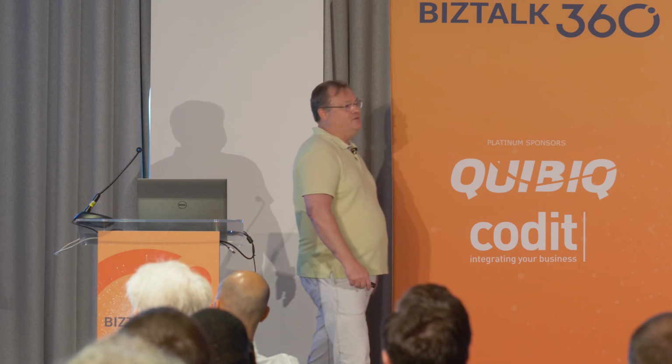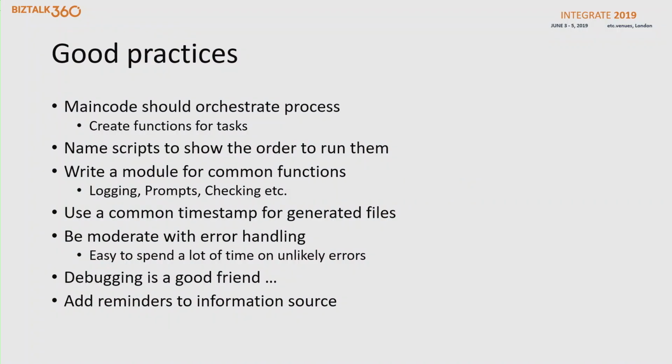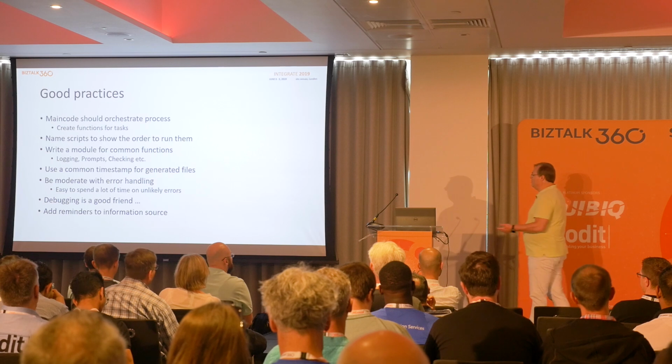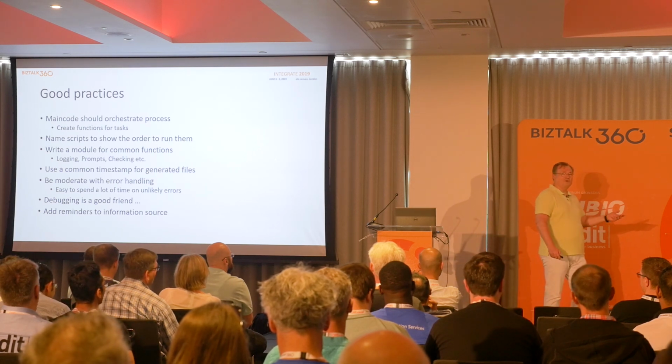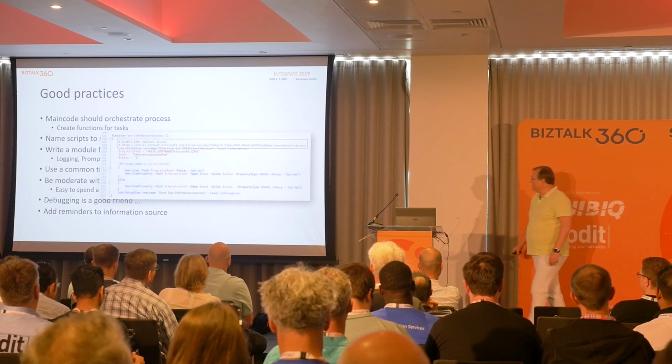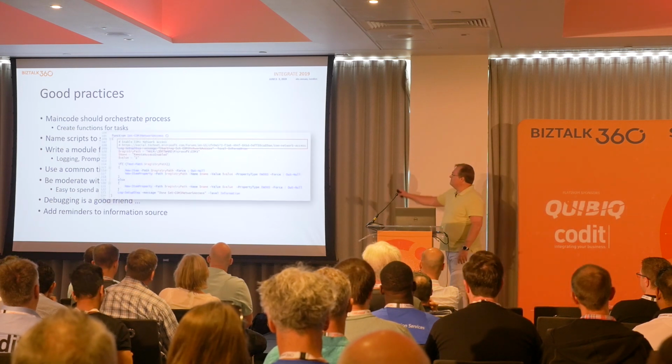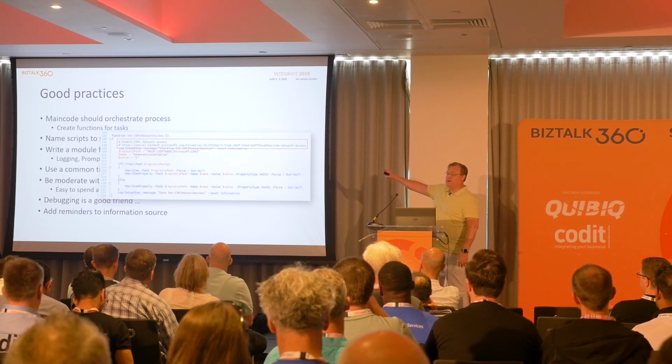Add reminders in your code. Remember, this is not code you will be in all the time. It's code that you eventually will go to within 6 months or a year, or eventually never. Well, for the next version of BizTalk 2024 or something. And I do things like this, add just a link.